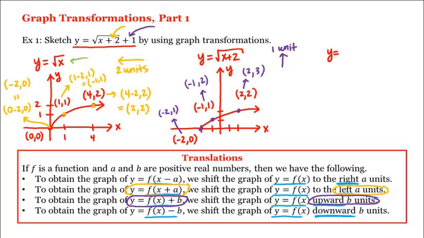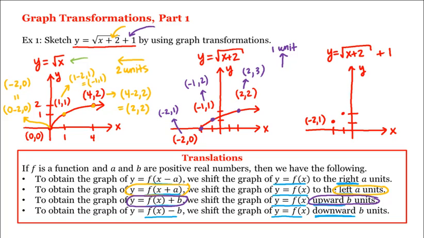That is, we have the following graph of y is equal to the square root of x plus 2 plus 1. So here is the y-axis, and this is the x-axis. The point -2, 0 is moving to -2, 1. So it's here, -2, 1. And the point -1, 1 is moving to -1, 2.